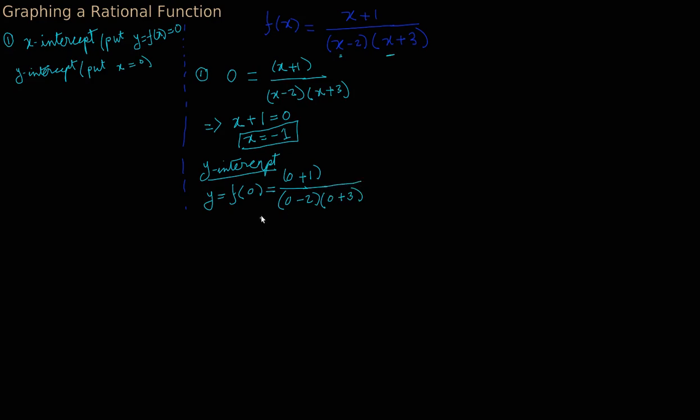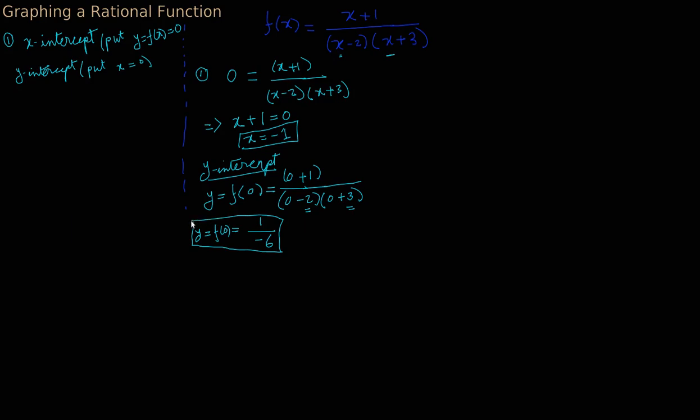So y, which is f(0), is: the numerator is 1, the denominator is -2 multiplied by +3, so it is -6. This is my y intercept.